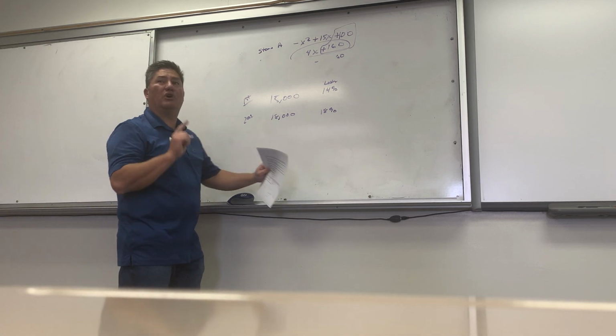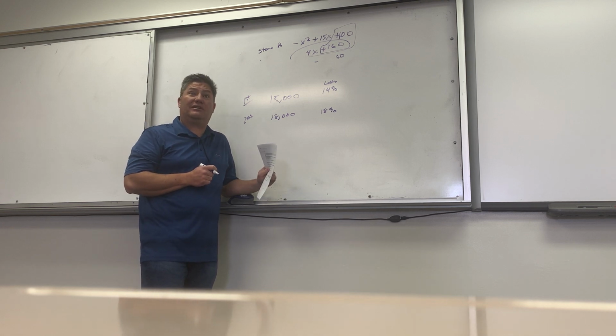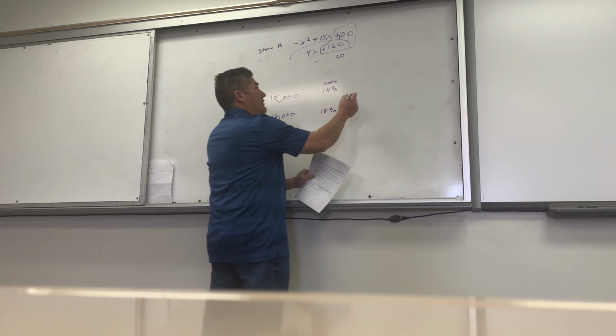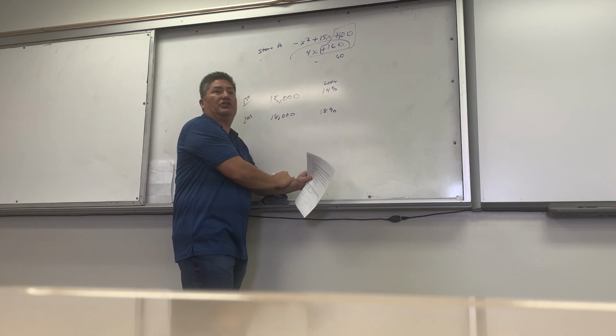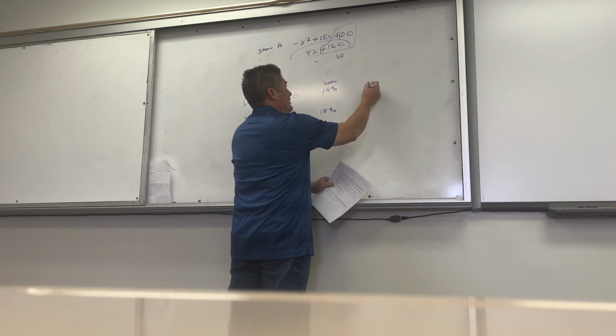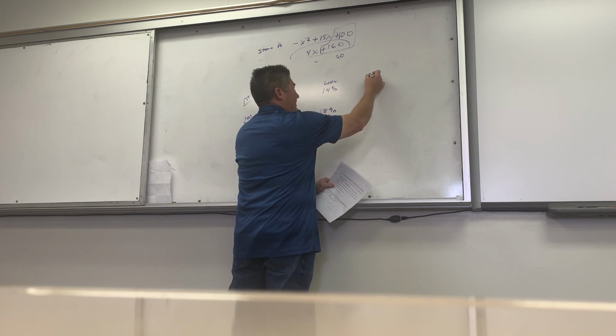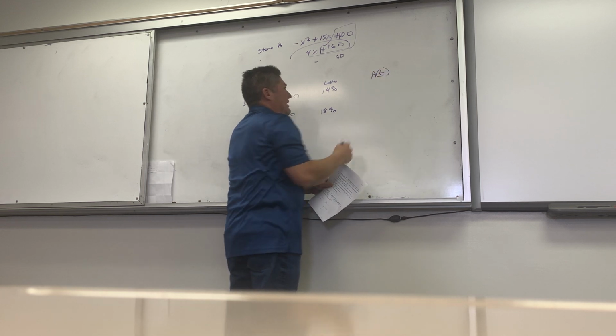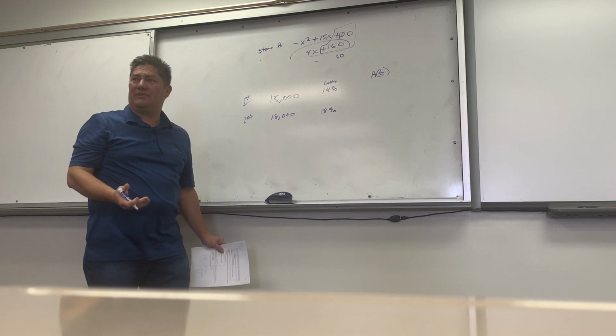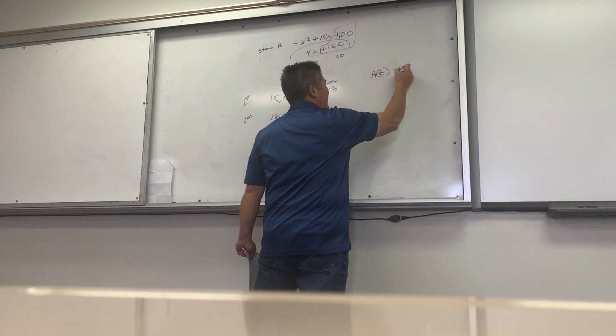What's my equation? What equation am I using that we've learned? This is our exponential equation. What am I using? P times 1 plus r. You're getting there. Okay, so what do I got? A sub t, that's the amount over time, is equal to what?